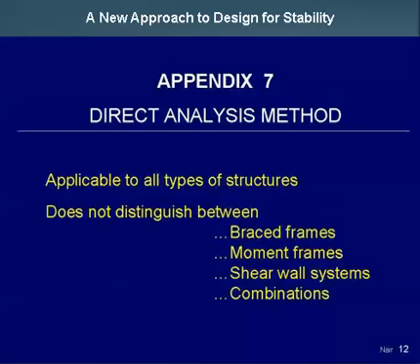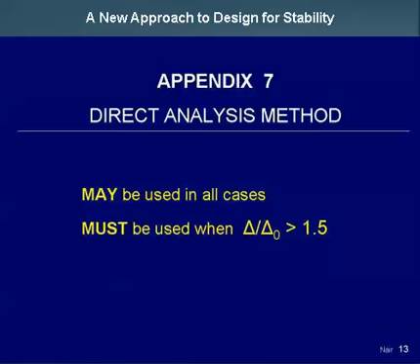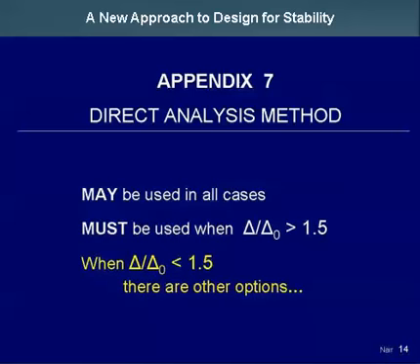It's a very general method, applicable anywhere. And it may be used in all cases, and it must be used when that delta over delta 0 is greater than 1.5. Then this is the only method that you can use if delta over delta 0 is above that limit.